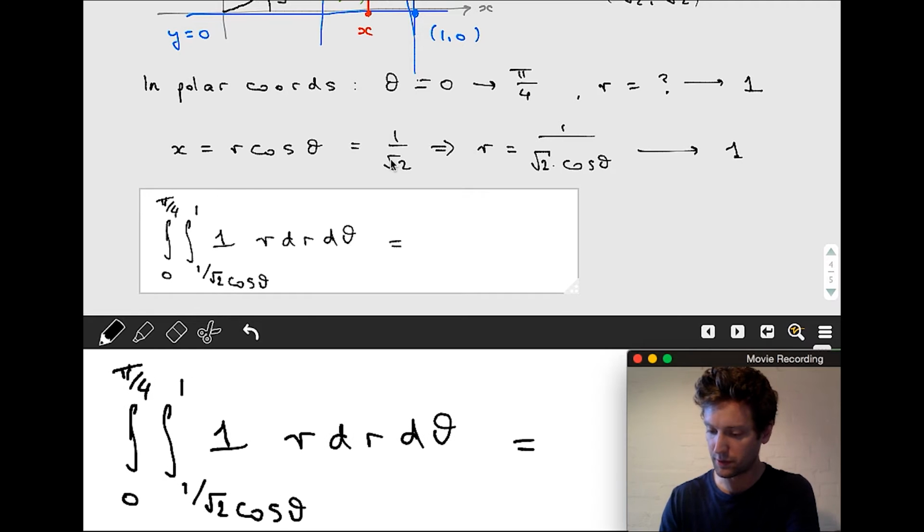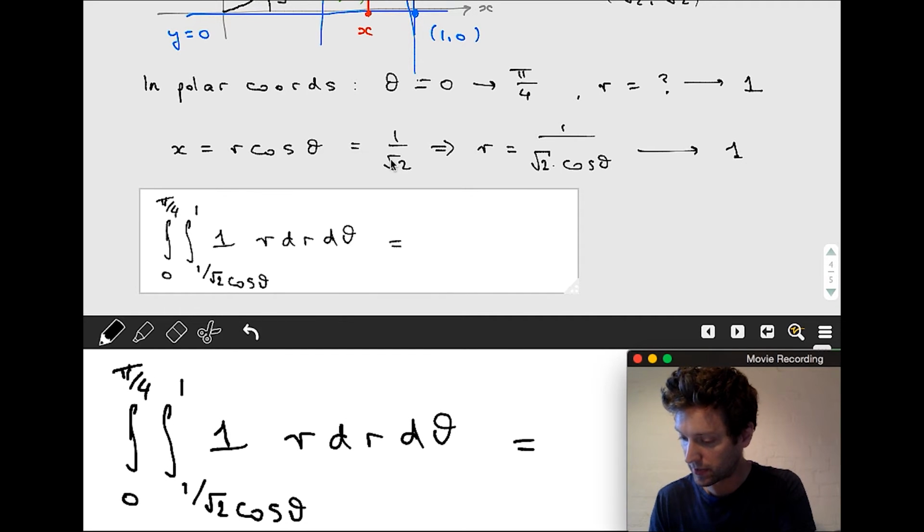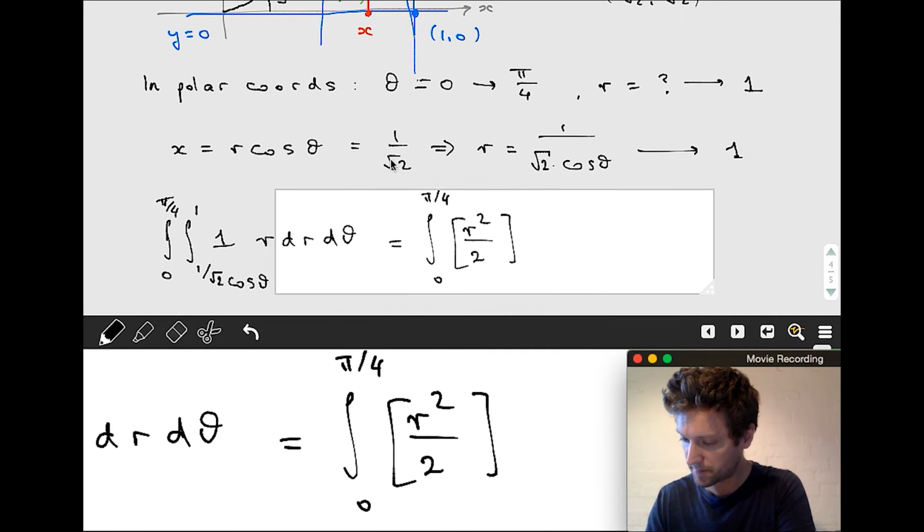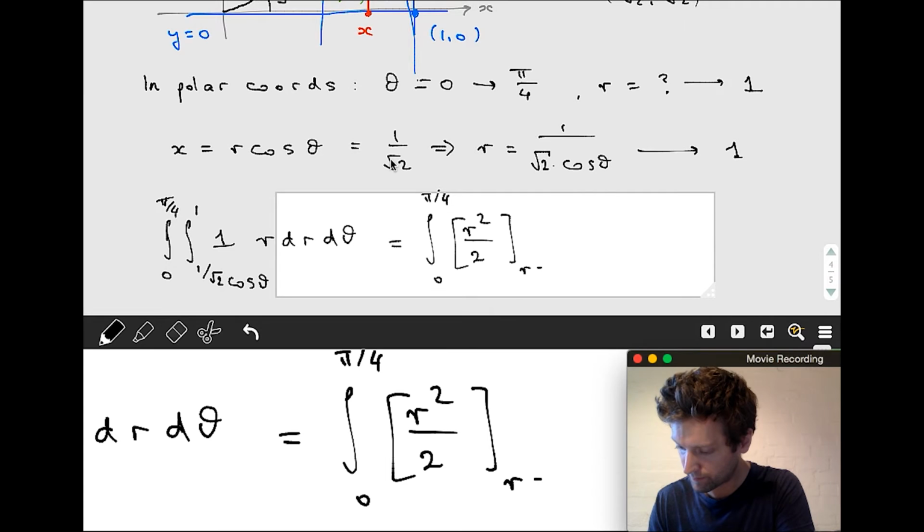So my first integral is with respect to r. I'm going to get r squared over 2. Subbing in the limits, r is equal to 1 over the square root of 2 cosine of theta, and r is equal to 1.